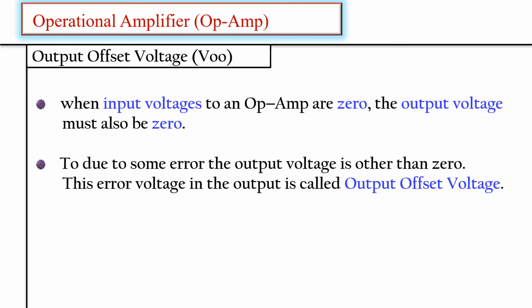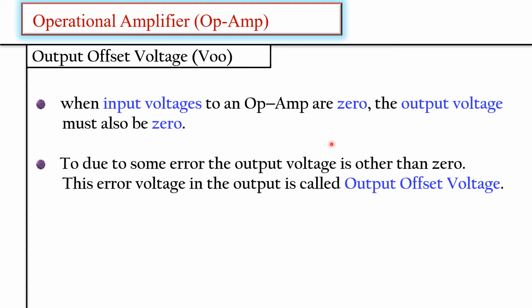Next parameter, output offset voltage, VOO. When the input voltages to an op-amp are 0, the output must be 0. We have seen in the previous parameter, input offset voltage, that even though the inputs are at 0 potential, we get some output.